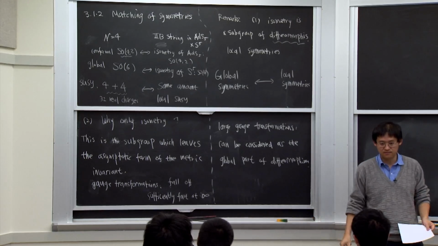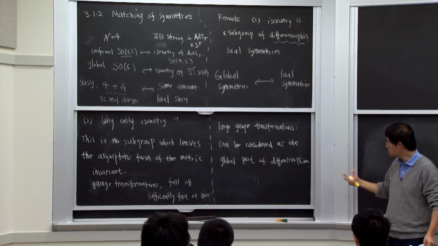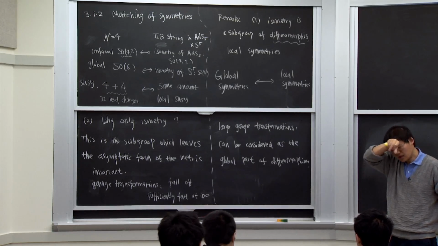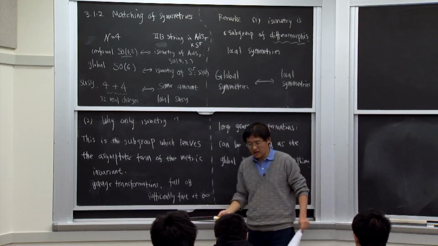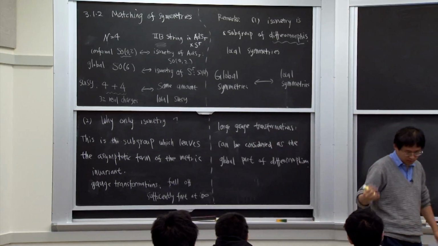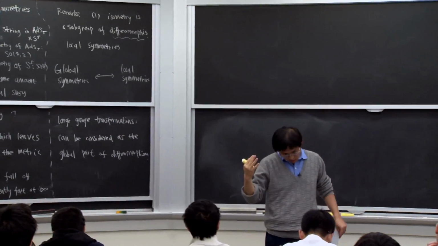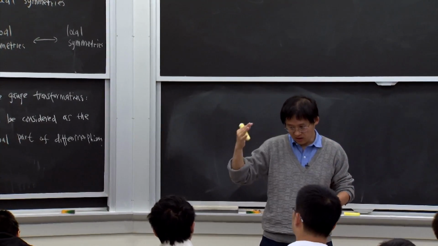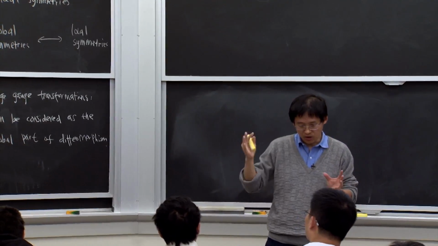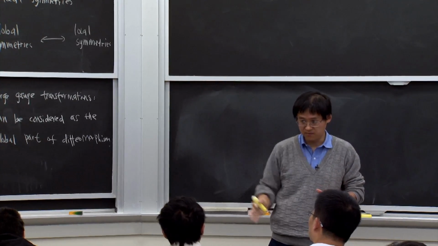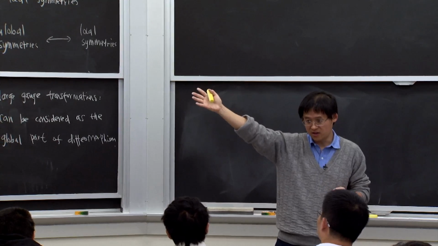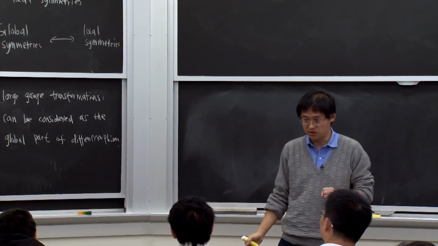What do you mean by large gauge transformation? A large gauge transformation means a gauge transformation which doesn't vanish at infinity. In the ordinary case, like in QED, quantum electrodynamics, when we talk about gauge transformations, the ones we consider are all the gauge transformations which go to 0 at infinity. If you consider those gauge transformations which don't go to 0 at infinity, that's what we call large gauge transformations.